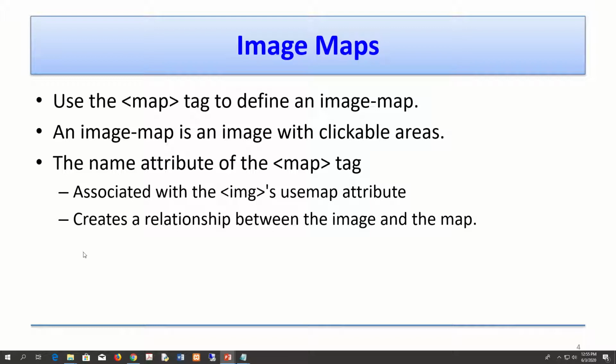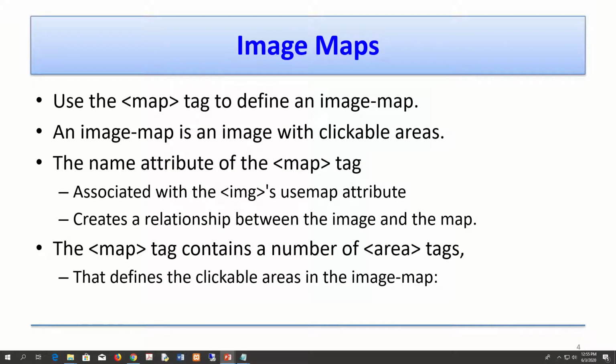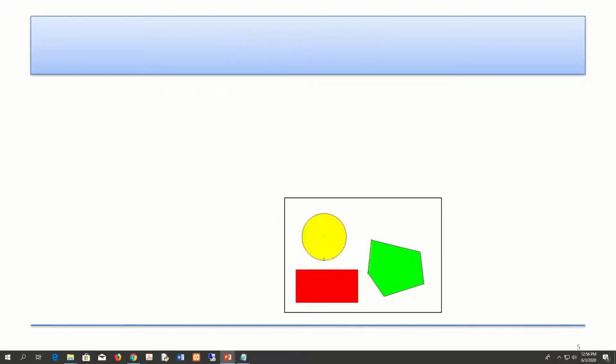So we can create a relationship between the image and the map tag. The map tag contains a number of areas, and an area can be defined using shapes. Those areas act as clickable areas. That means we can click on that particular area, and then it will be directed to the defined web page.